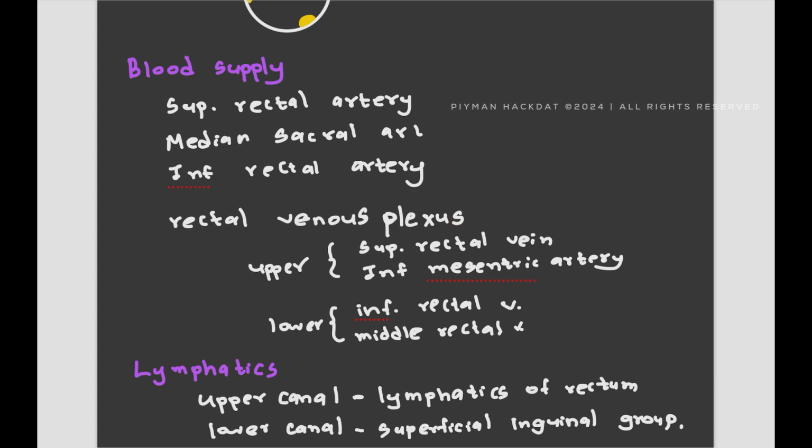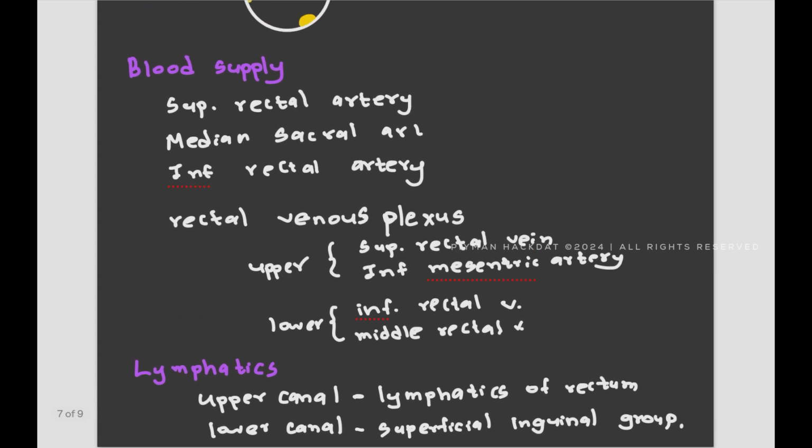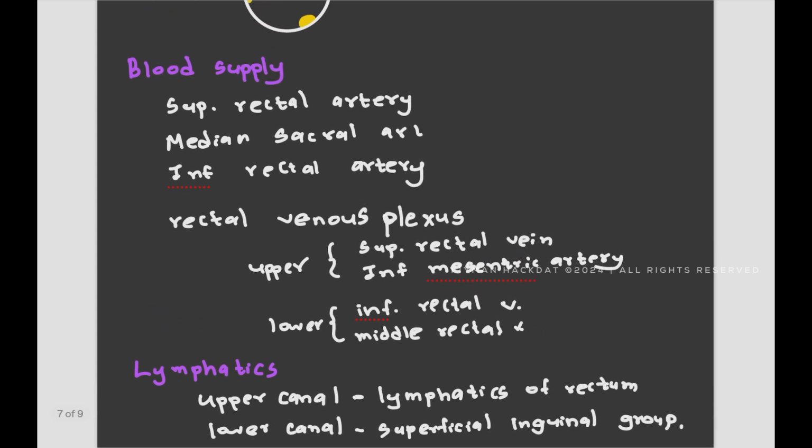The rectal venous plexus: in the upper part, you can see the superior rectal vein, which drains into the inferior mesenteric vein. And in the lower part, you can see the inferior rectal vein and the middle rectal vein. If you talk about lymphatics, the upper part drains along the lymphatics of the rectum, and the lower part of the canal drains into the superficial inguinal nodes.